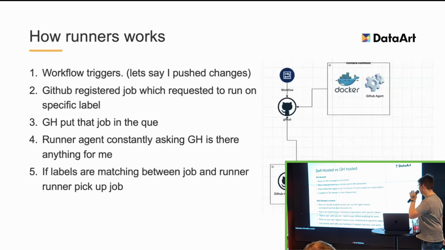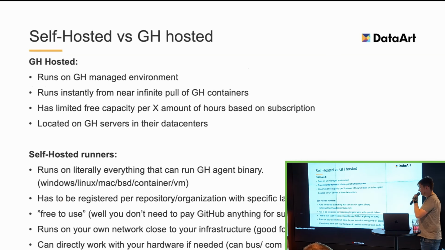And a couple of differences. What are GitHub runners? They are virtual machines or Docker containers that run on GitHub infrastructure. They control the environment where the agent is installed. They're pretty fast at picking up jobs and have decent capacity. If you want more, they even have so-called large runners for heavy lifting.